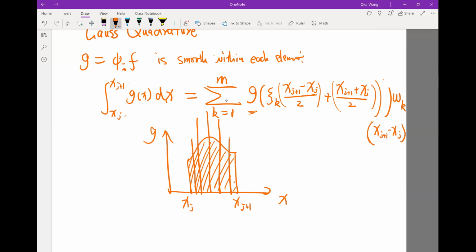Each point has a weight multiplied by a delta function, which is one of the more mathematical ways of saying that. Each delta function has a different weight, which is w_k times the width. The values of g at these particular points are multiplied with the weights and added together to approximate that integral.